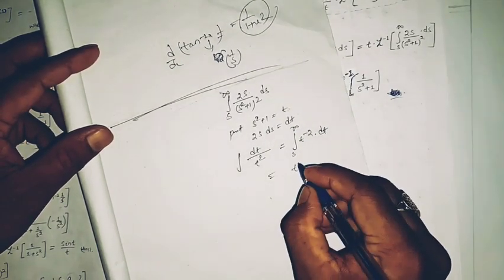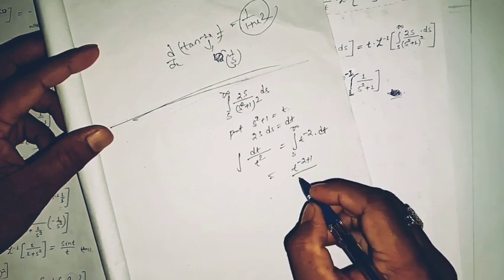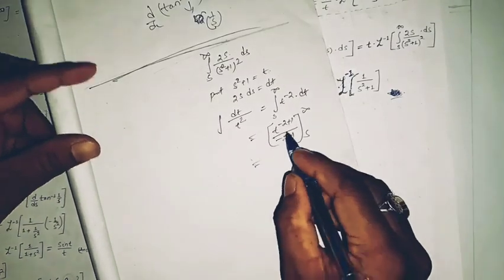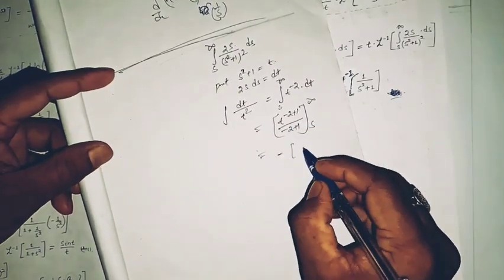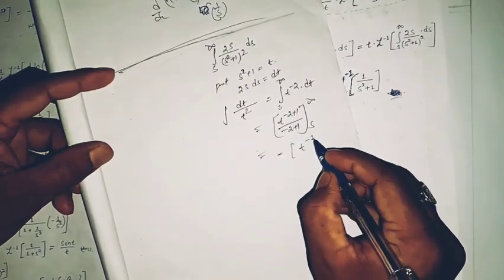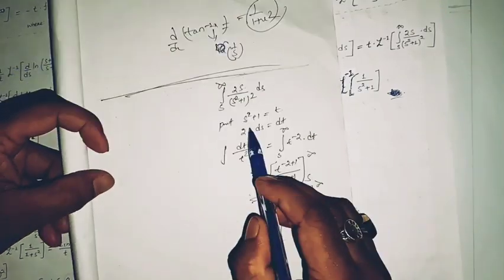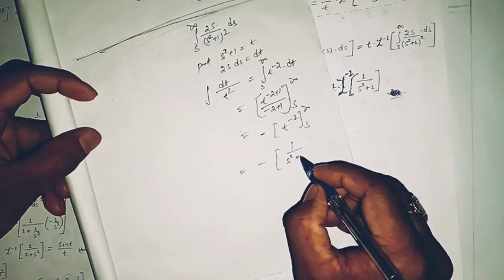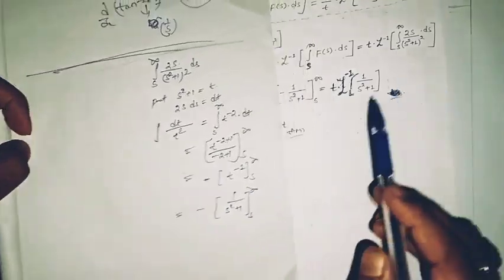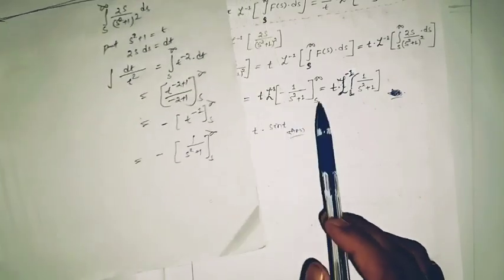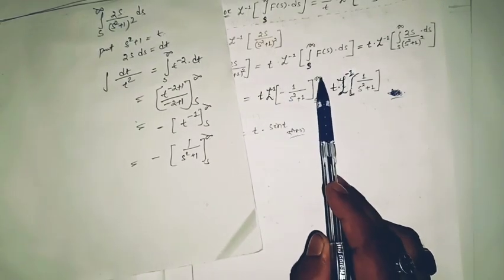It will be t to the power minus 2 plus 1 divided by minus 2 plus 1, s to infinity. So this will be minus of t to the power minus 1, s to infinity. So this will be minus of 1 by t, where we consider s square plus 1, s to infinity. Okay, minus of 1 by s square plus 1, s to infinity, right?